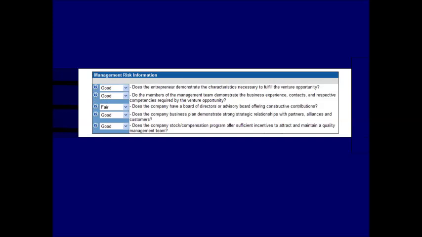The key objective of the management section is to convince the investor that the entrepreneur has the skill to identify and recruit the type of management team that matches the market opportunity. Likewise, it reflects the entrepreneur's persuasiveness in recruiting a board of directors that also meets the venture opportunity.